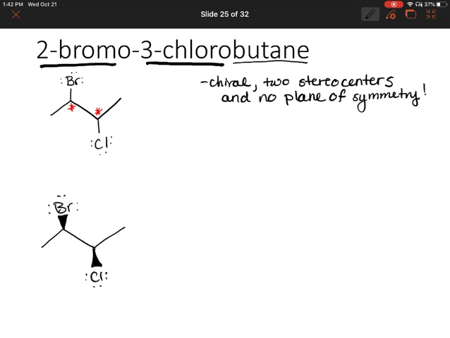What are some other ways we could draw this? Well, we could draw bromine and chlorine in dashed positions too, right? So let's draw that. What are some other options?